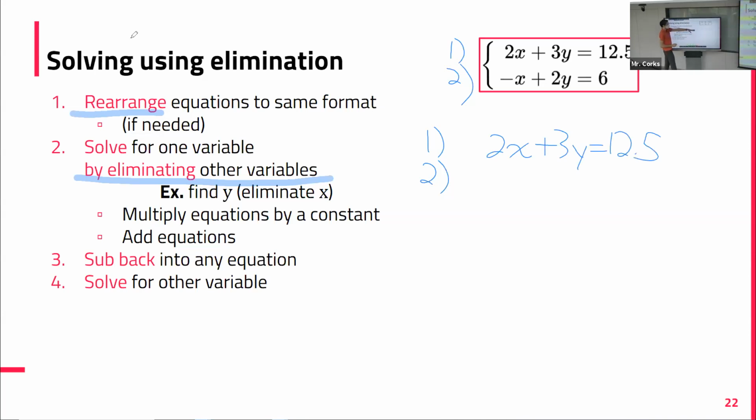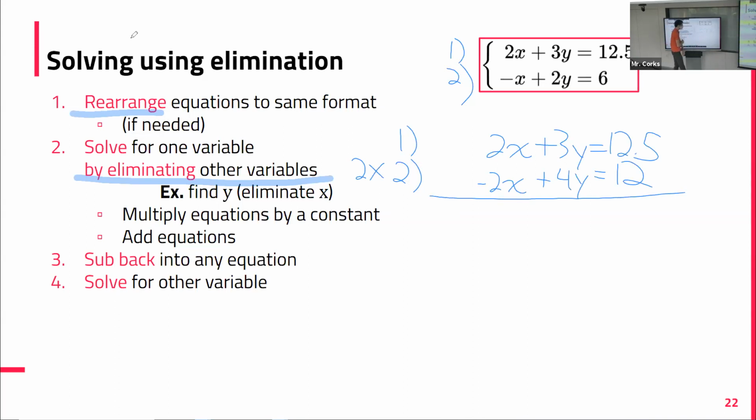What would we do with the second equation here? 2 times the second equation. So multiply that by 2. So that's negative 2x plus 4y equals 12. And then we are adding these. Why are we adding?